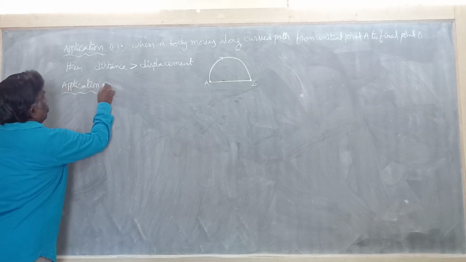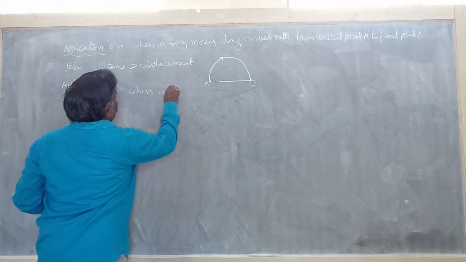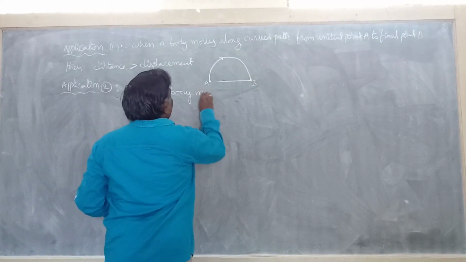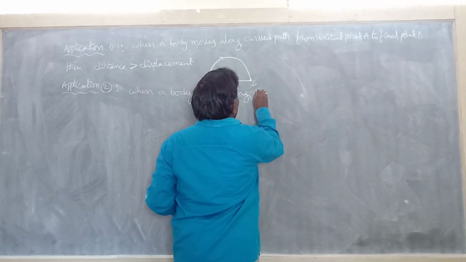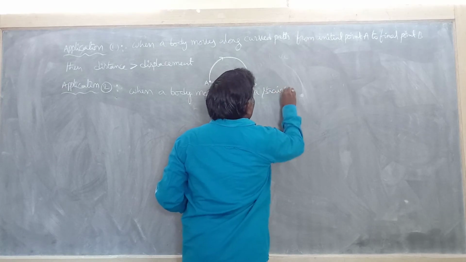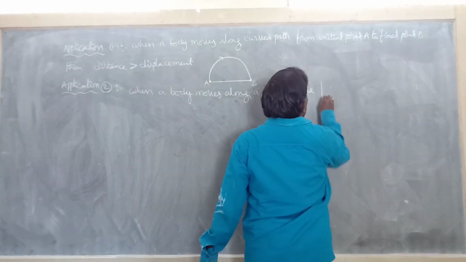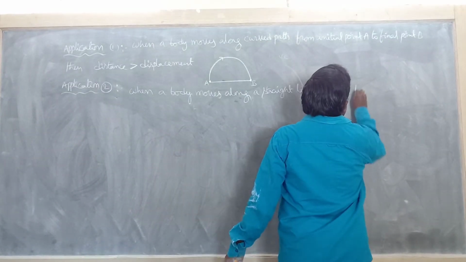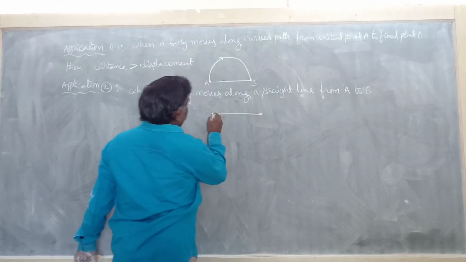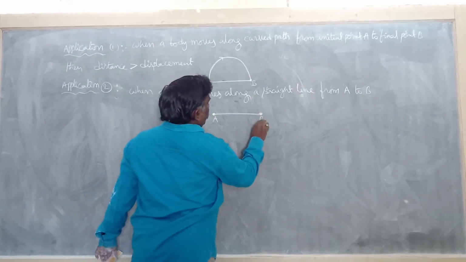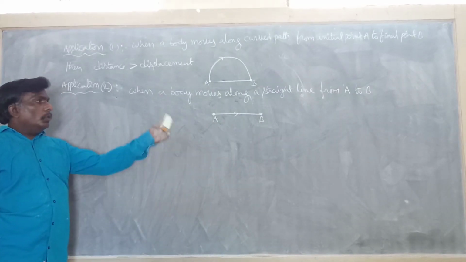And also, you observe application 2. When a body moves along a straight line from A to B, like this, then what about distance?